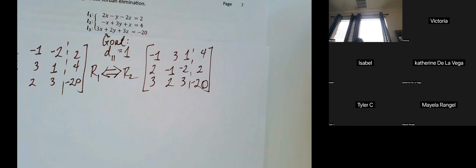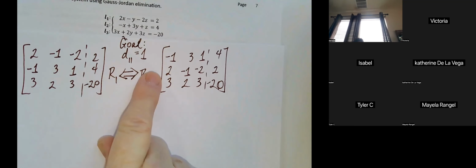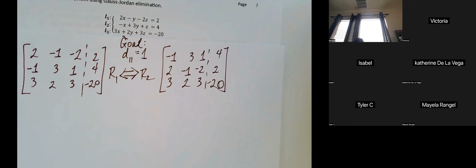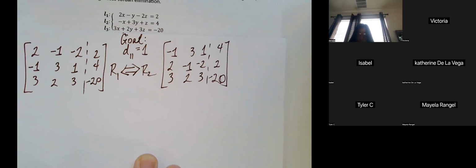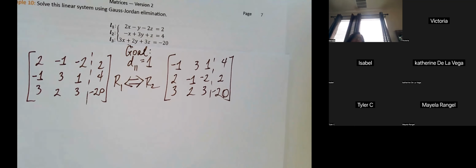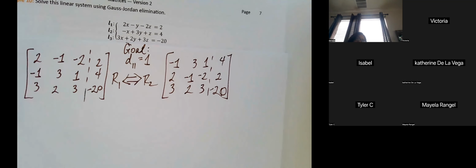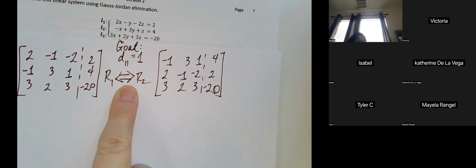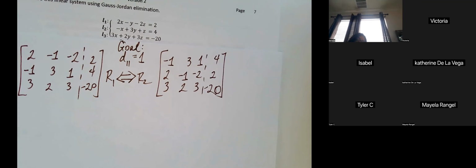Is the only way to get a 1 doing what we just did? No. You could have subtracted row 3 and row 1. That's right. So there are loads of correct ways. I just wanted you to see why switching rows might be a good idea sometimes.